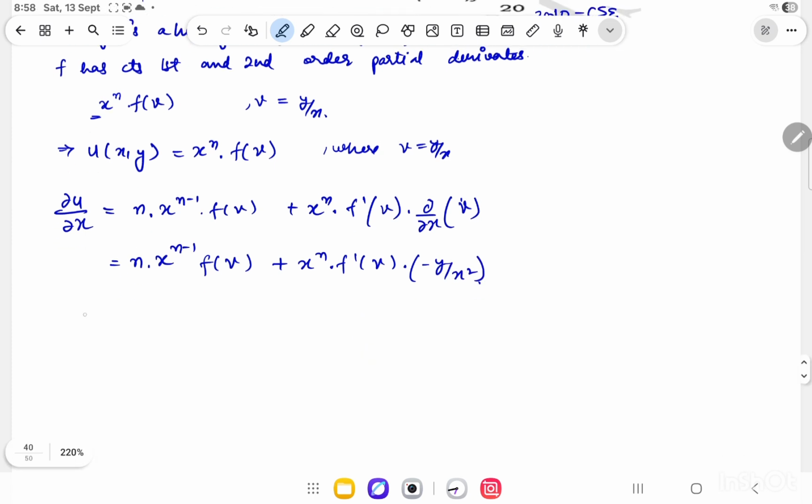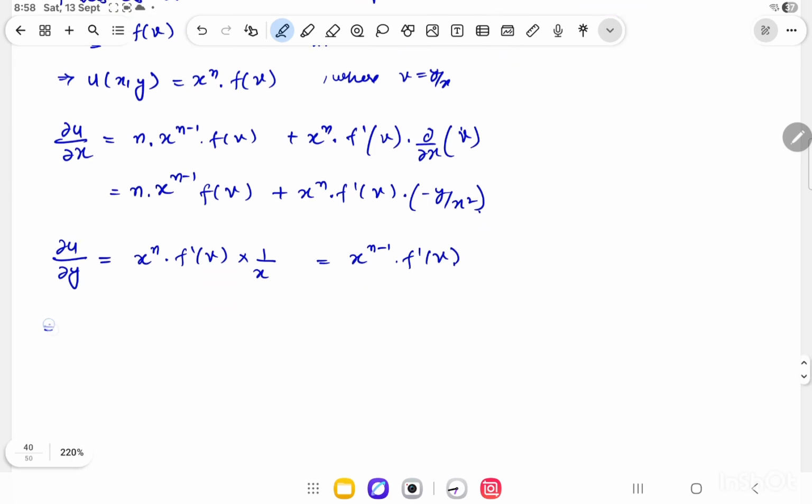Likewise, if I find the value of del u by del y, then I'll get x raised to n into f dash v into 1 by x. So this is basically equal to x raised to n minus 1 into f dash v.